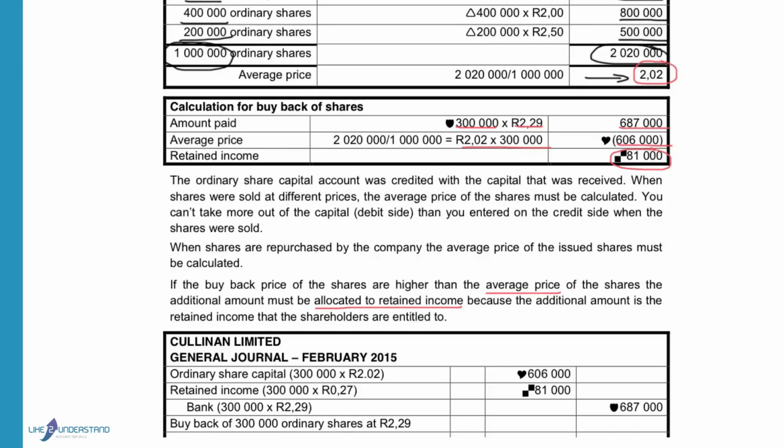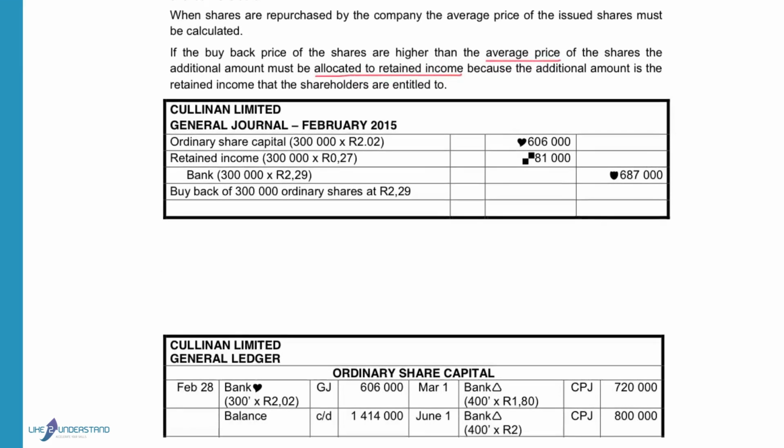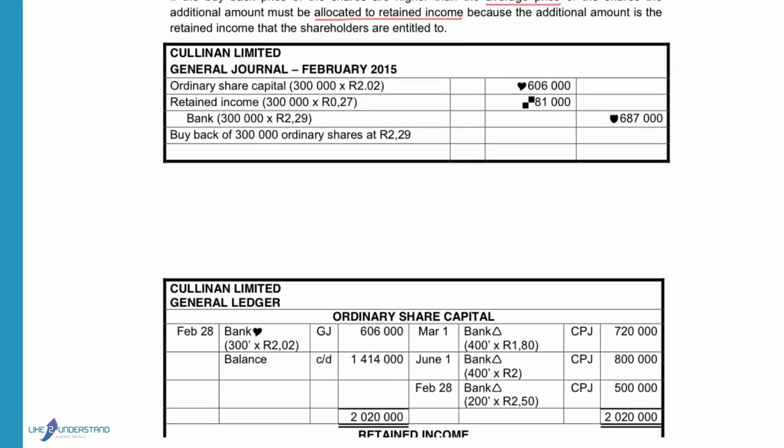If we want to record this journal entry, we will show that the ordinary share capital account will be debited with the R2.02 times 300,000 that we buy back, and that means that capital will be decreased by 606,000.